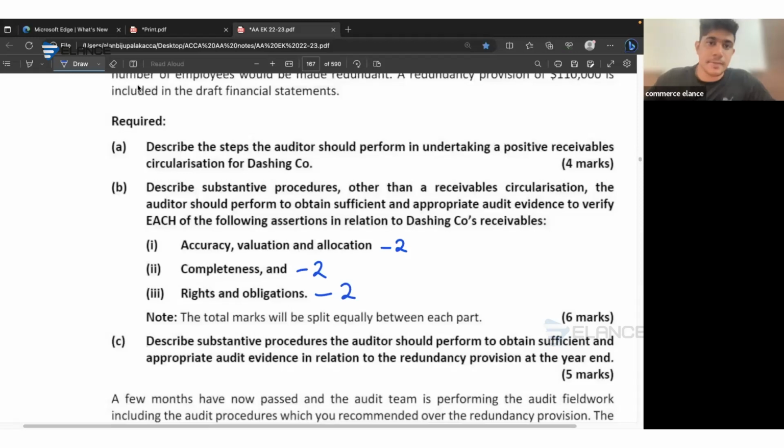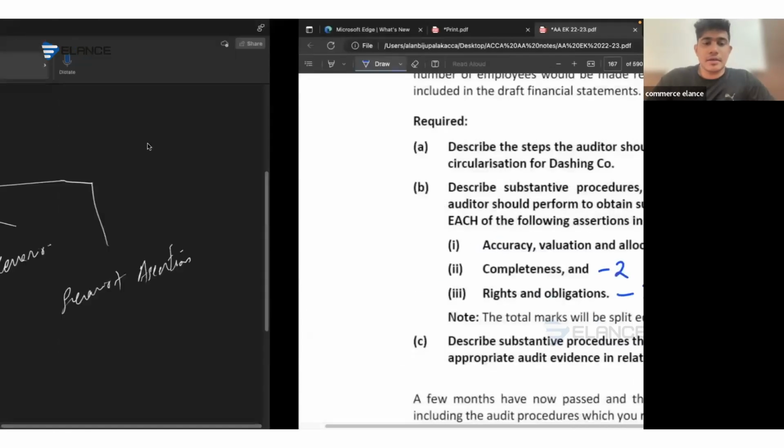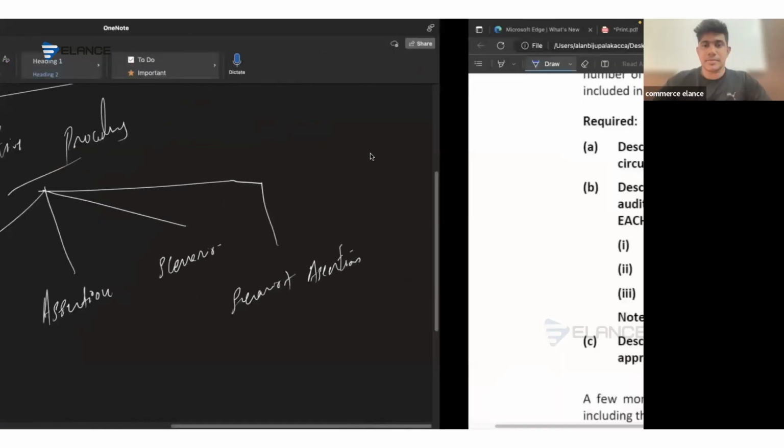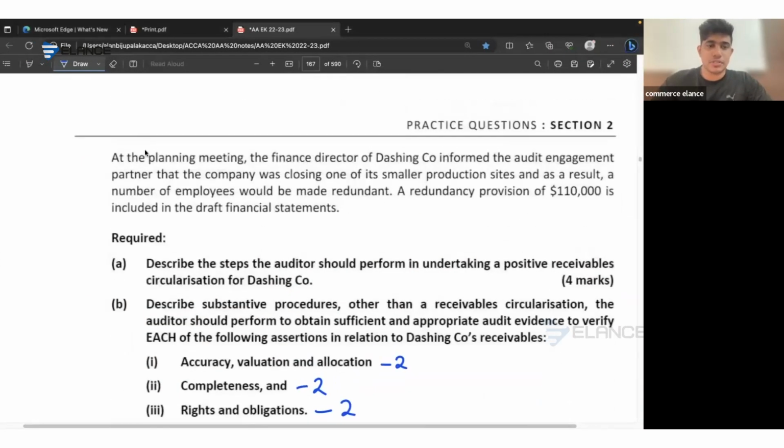Yes, sir. And the next category, as we mentioned, is scenario-based. When it comes to scenario-based substantive procedures, the examiner might give us a scenario. Over here, they have given a small scenario. At the planning meeting, the finance director of Dashing Company informed the audit engagement partner that the company was closing one of its small production sites.